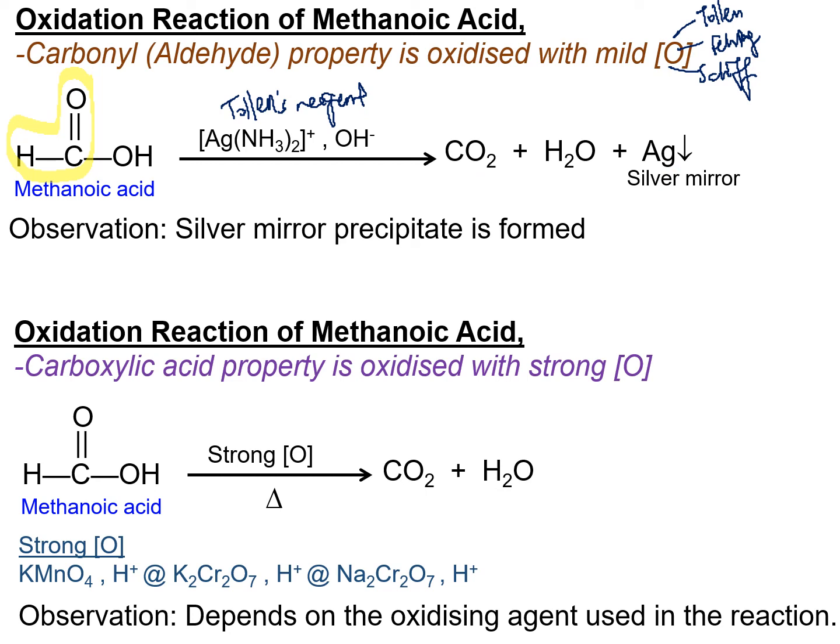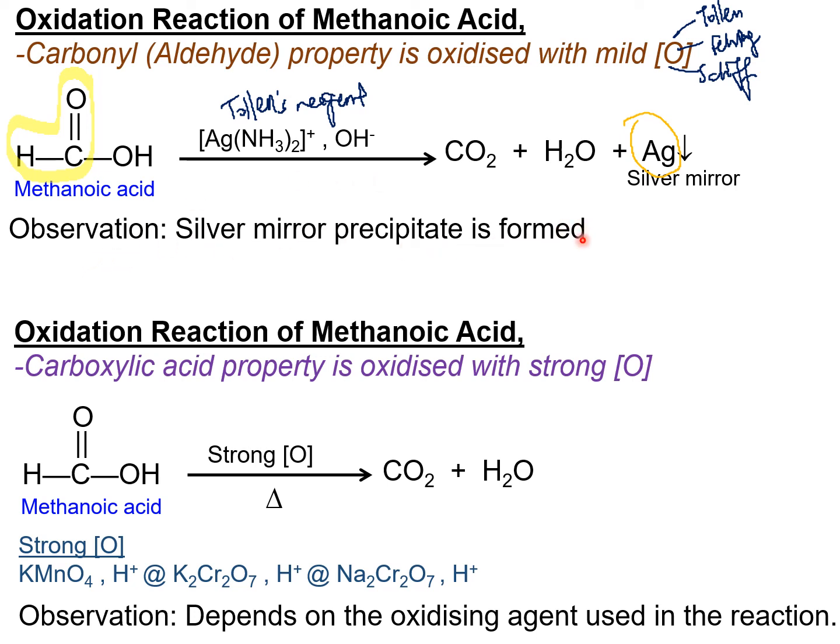Okay, this is very important, dia punya set product Ag ni, because set product dia ni lah yang akan memberitahu yang bahawa dia berjaya buat Tollens test, and also akan give a positive observation di mana silver mirror precipitate is formed.